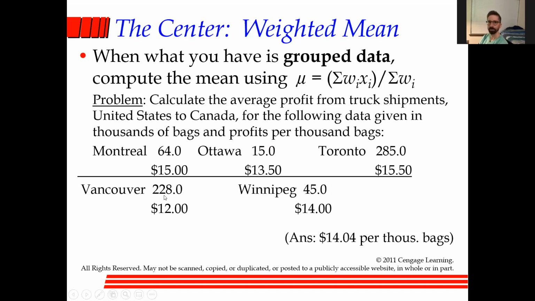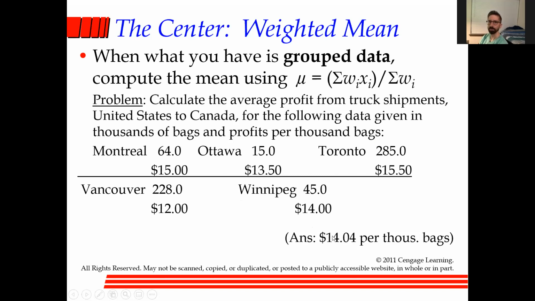Vancouver is the second biggest weight, Montreal the third biggest, then Winnipeg, and then Ottawa has the smallest weight. So that's going to change the dollar amount. Excuse me, it would change the arithmetic mean to 1404. 1404 is the result of that.